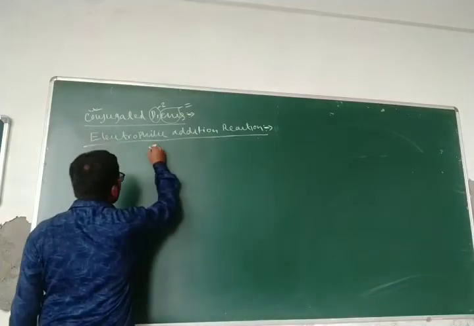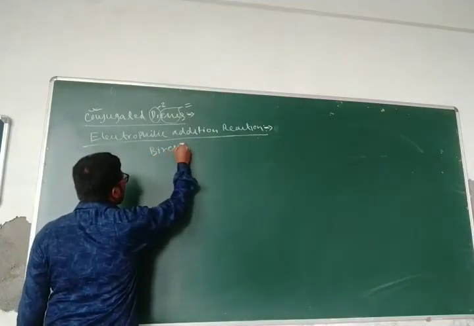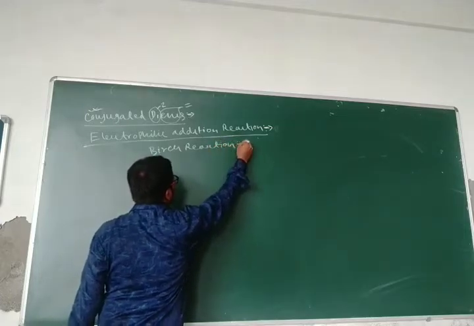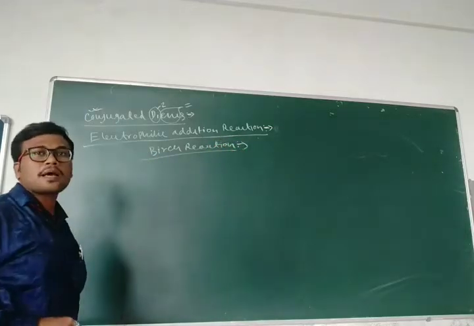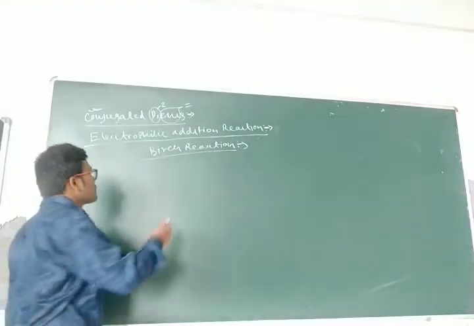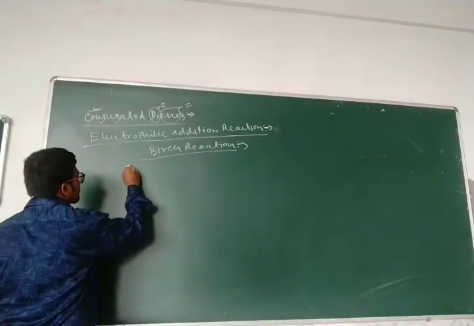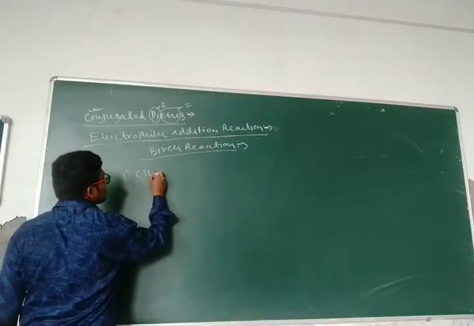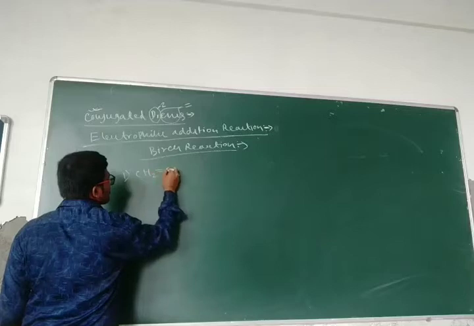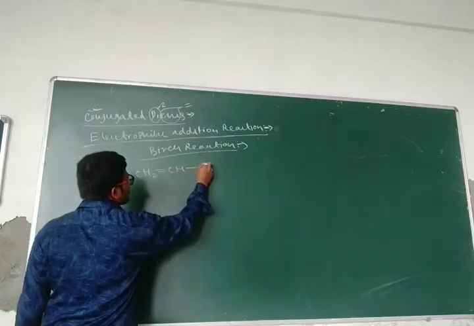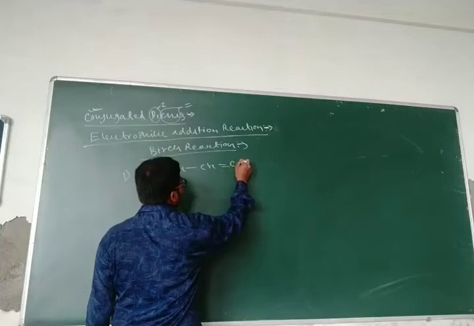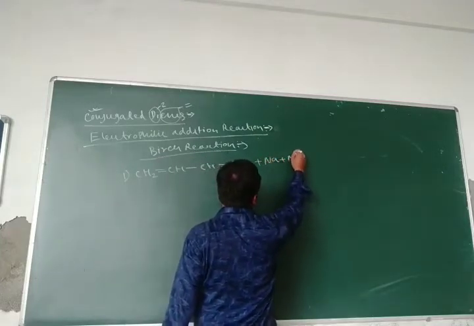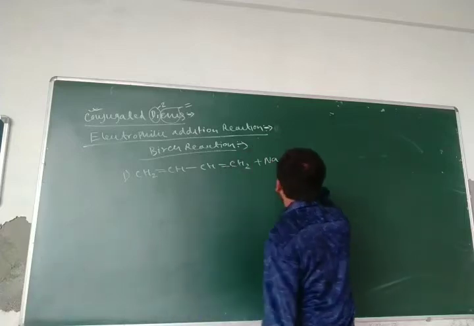Next is Birch reaction. Okay, what happens in this Birch reaction? This Birch reaction is carried out on a diene in the presence of sodium and ammonia. What will happen?